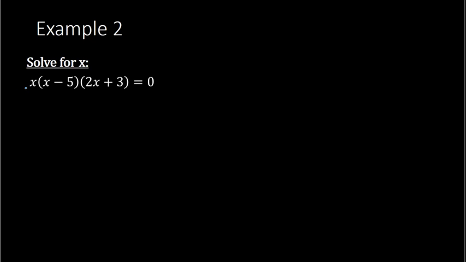So here we have three numbers. We have x, we have x minus 5, and we have 2x plus 3. So one of those is equal to 0. So I set each of them equal to 0. X would equal 0, or x minus 5 is 0, or 2x plus 3 is 0. And then from here I can solve the ones that need to be solved.